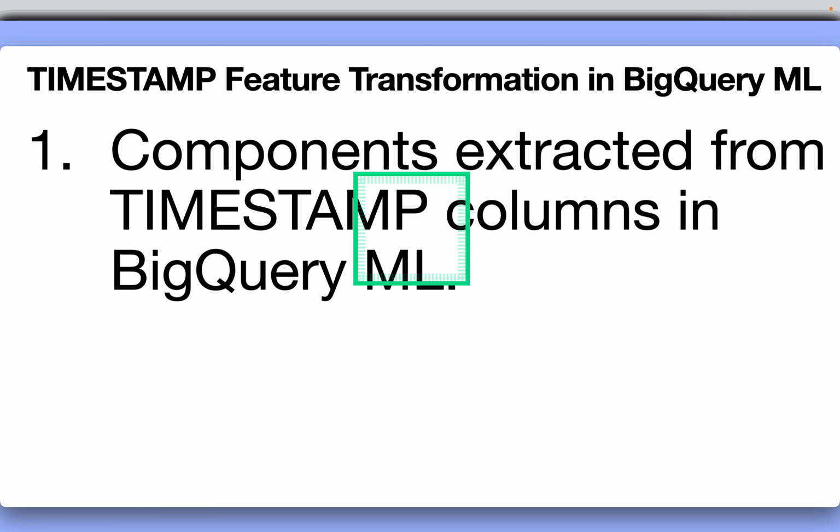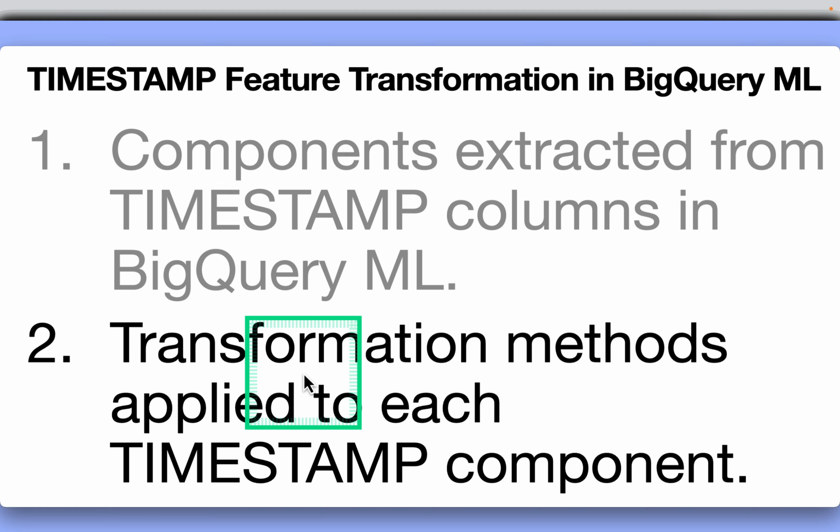A lot of use cases employ something like whether it's weekday or weekend, which time of the day, whether it's before afternoon or after afternoon, depending on seasons and months. So all these factors are there. That's why timestamp feature transformation has some extra specific components.